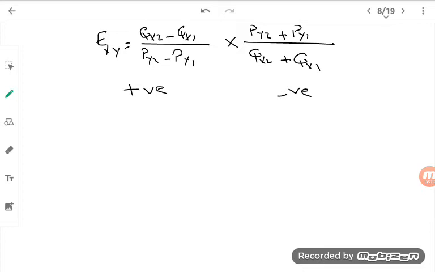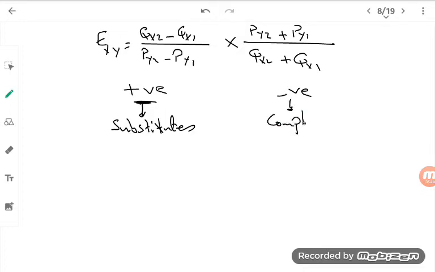So the relationship between price of tea and demand for coffee is positive relationship. So if the value of the cross elasticity of demand is positive, this means that the two commodities are substitutes for each other.